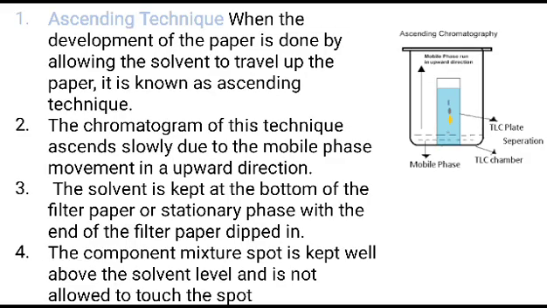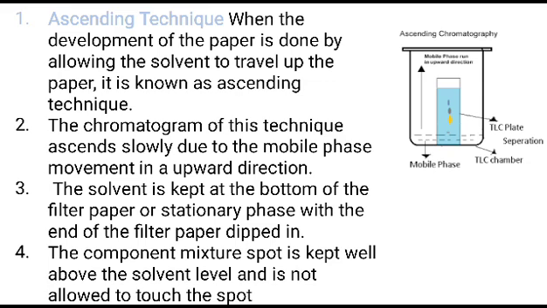Now what is the ascending technique? It is observed in this diagram also. When the development of paper is done by allowing the solvent to travel up the paper, it is known as the ascending technique. At the bottom of that beaker or TLC chamber, a solvent or mobile phase is there, and that mobile phase travels upward.